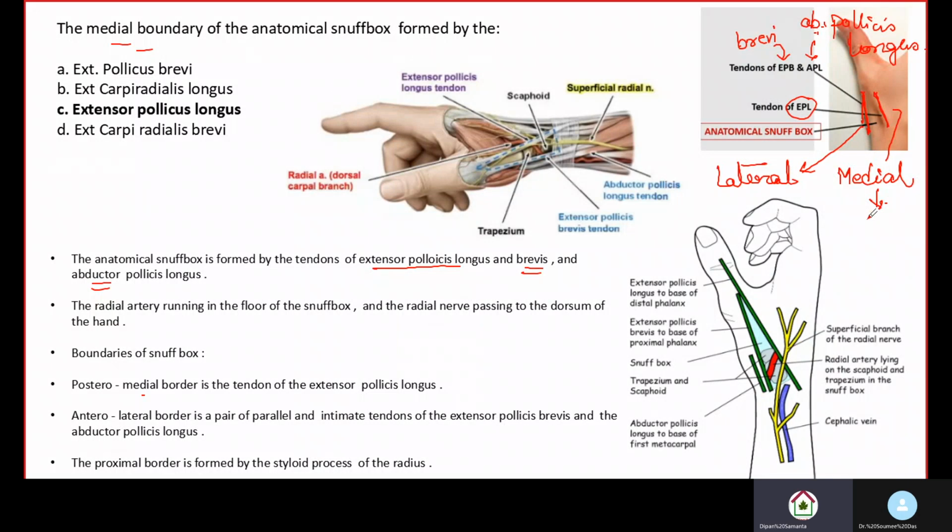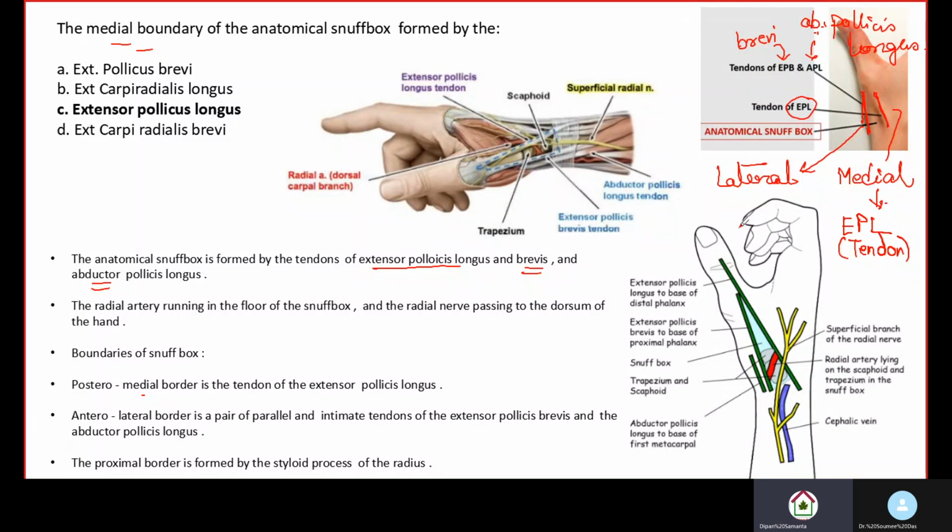So the medial boundary is formed by the tendon of extensor pollicis longus.